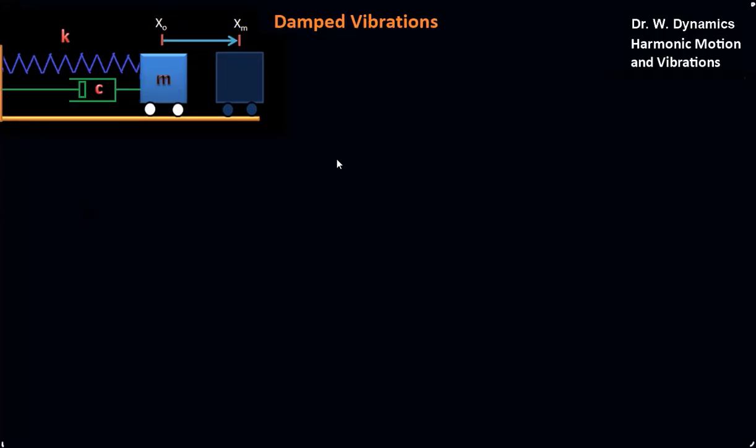Here we have a simple vibrating system which we're modeling as a mass being driven by a spring, and we've added a dashpot to it. And a dashpot is a viscous damping device that removes energy from the system, eventually slowing it down and causing it to stop.